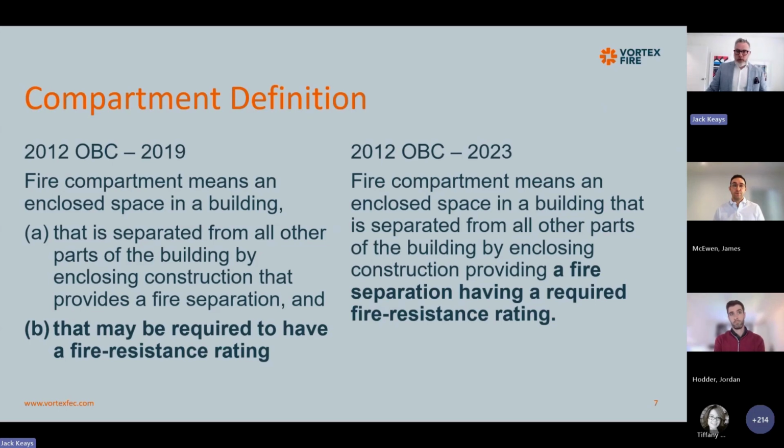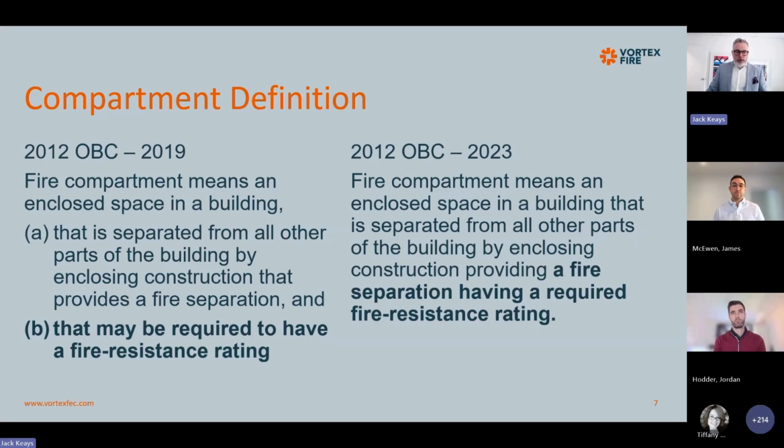So in terms of if you have 0-hour fire separations, such as around public corridors and things like that, this could have triggered the actual provision of dampers in those, which was not necessarily lining up with the National Building Code of Canada. So in 2023, an update was made where the National Building Code definition was brought into the OBC, and it tightened it up a lot in terms of defining this.